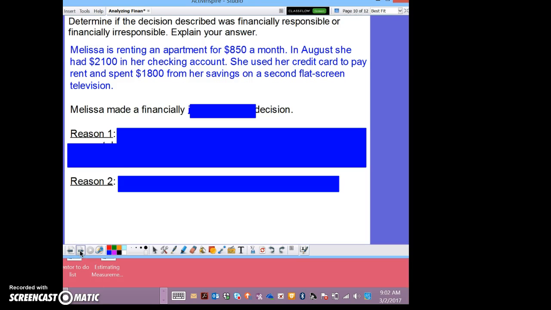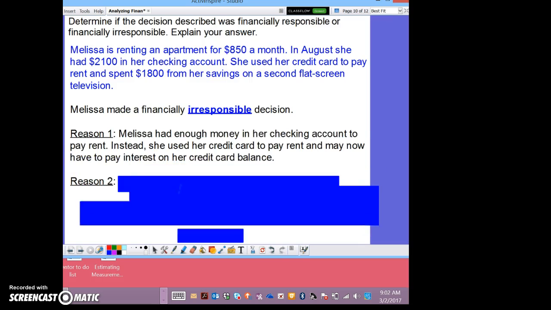Okay, then we have Melissa. Melissa's renting an apartment for $850 a month. In August, she had $2,100 in her checking account, but she decided to pay rent on her credit card and then spent $1,800 from her savings on a second flat screen TV. So Melissa made a financially irresponsible decision because she had the money in her account, yet she chose to use her credit card.